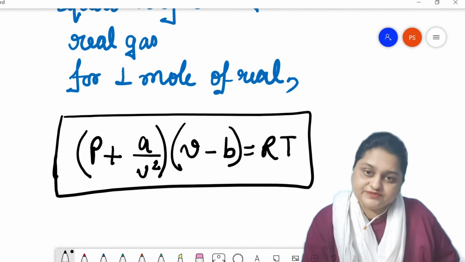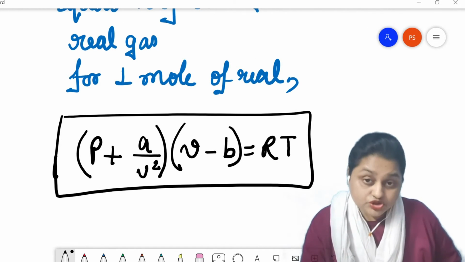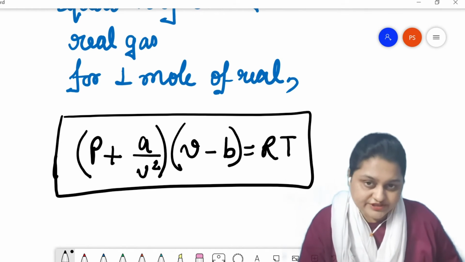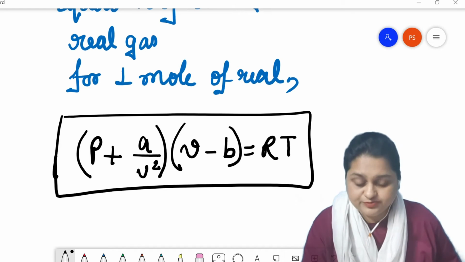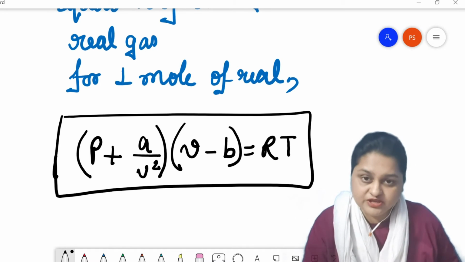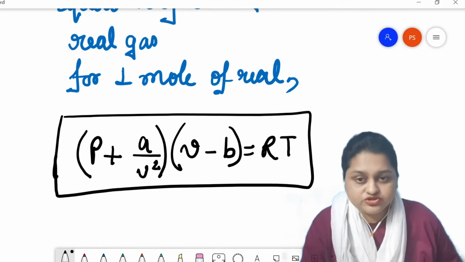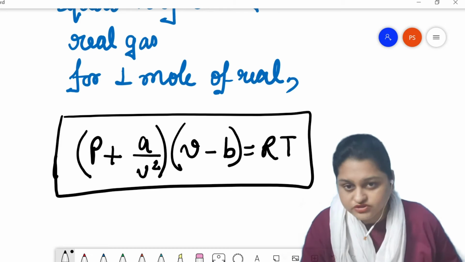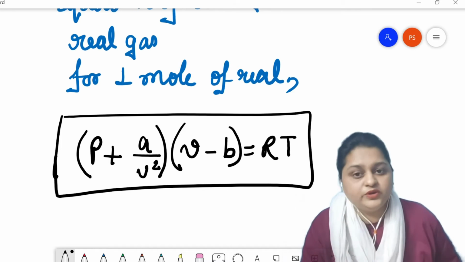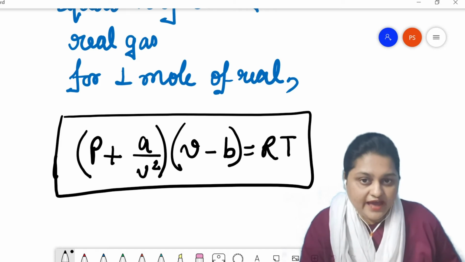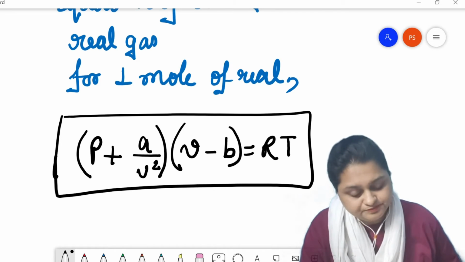The deviation shown by real gases was explained on the basis of this van der Waals expression. This deviation was created due to two assumptions included in the kinetic theory of gas, on which the gas laws were developed.